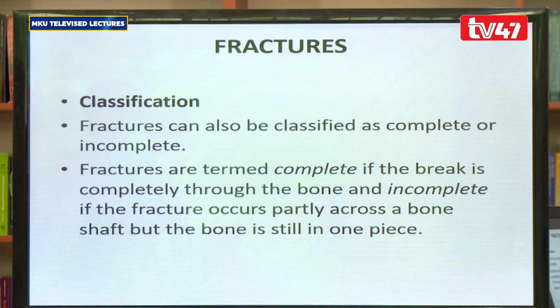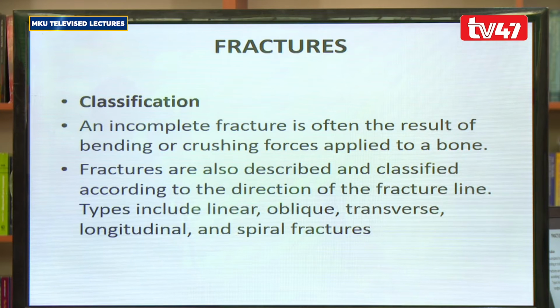Another classification is complete or incomplete fractures. A complete fracture is where we have a complete breakage of the bone, while in an incomplete fracture, there is a crack on the bone, but the bone is not completely fractured.